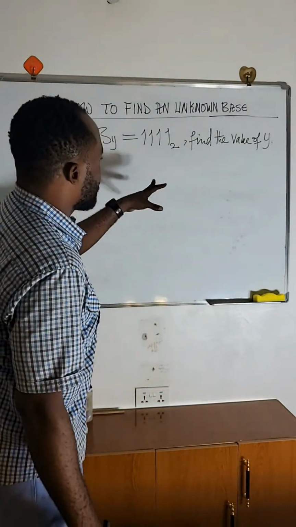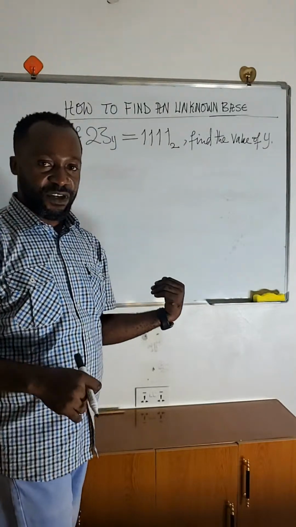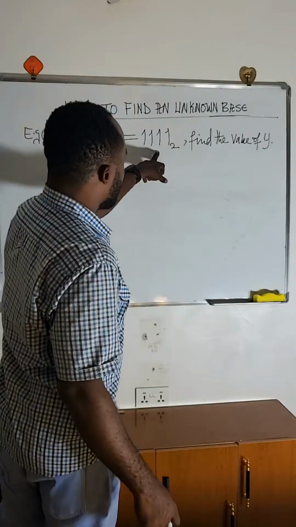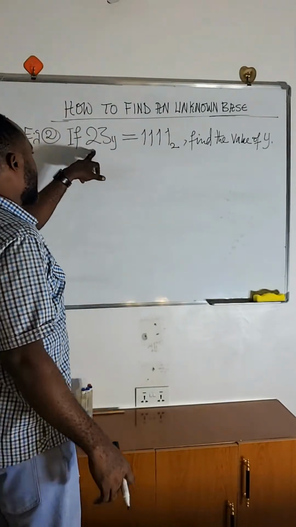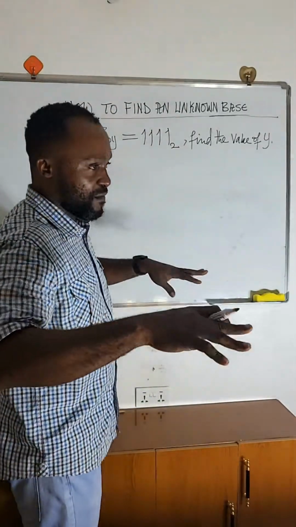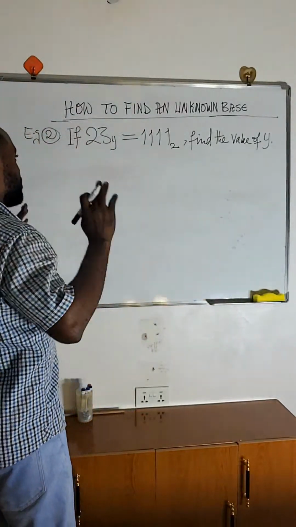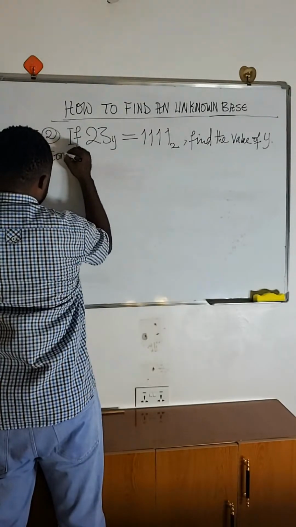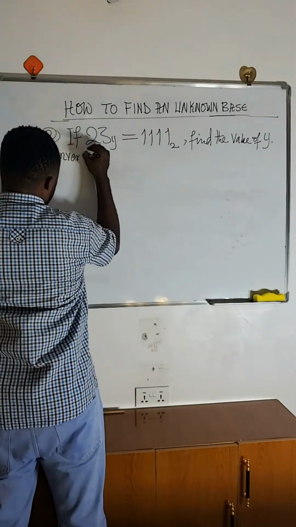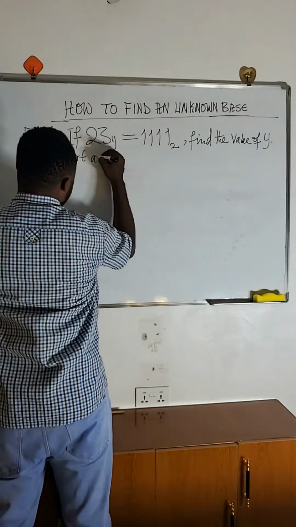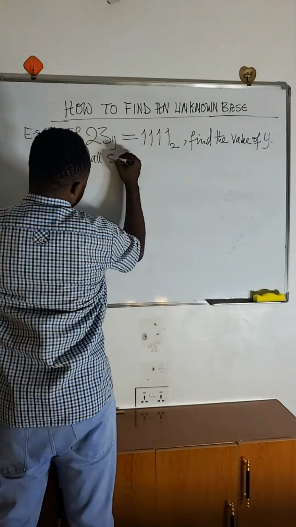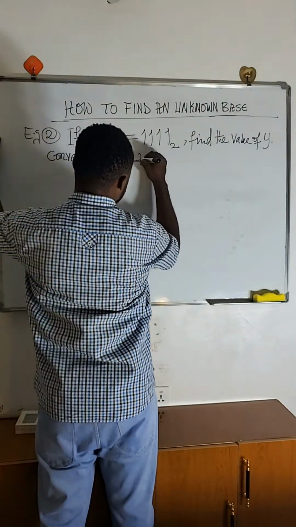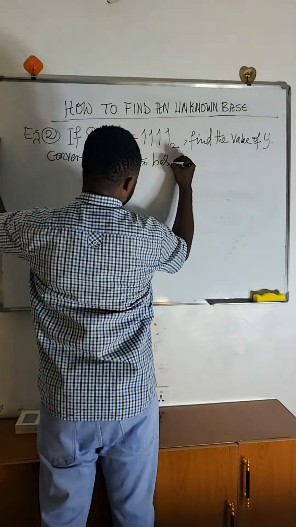So this one is not going to be that long as the previous example 1. Look at this one. Here is also in base 2. Here is in base y. All of them will be converted to base 10. So the first step is convert all sides to base 10.